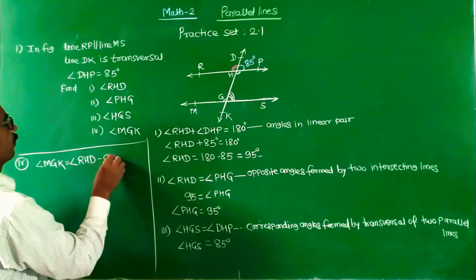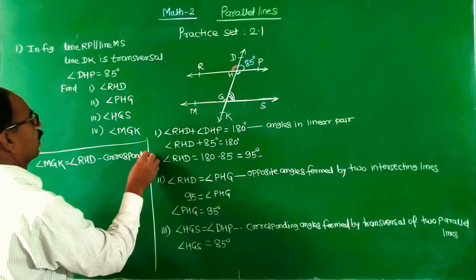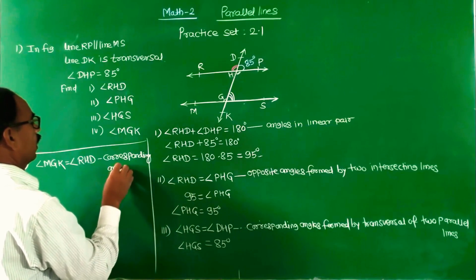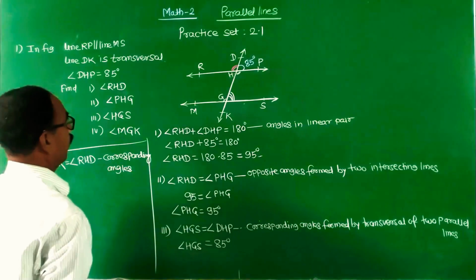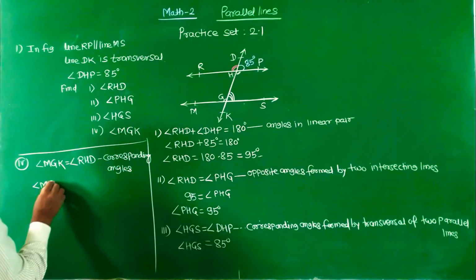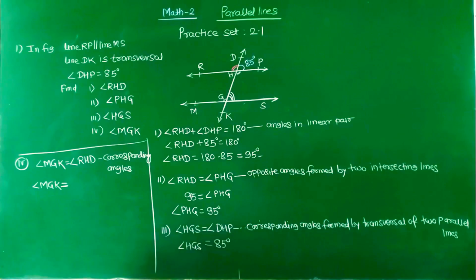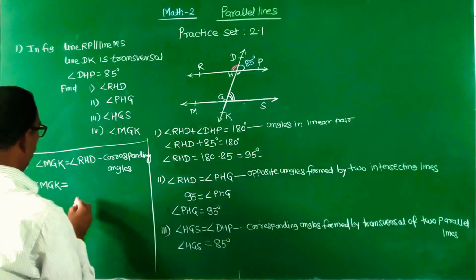These are the corresponding angles, corresponding angles formed by a transversal of two parallel lines. So angle MGK will be equal to RHD, and we have RHD equal to 95 degrees.